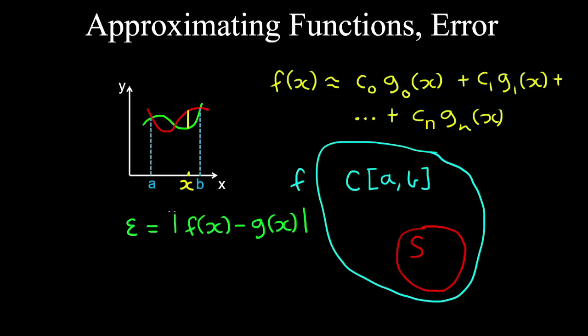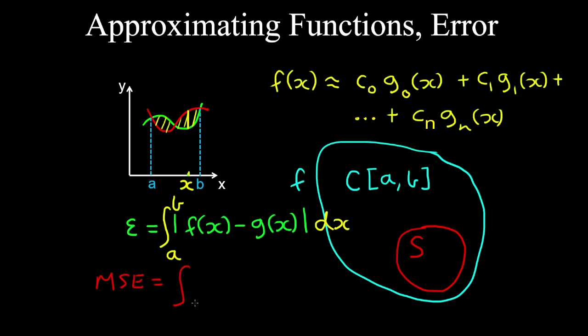So instead, we can integrate from a to b with respect to x, and that'll give us a total error in terms of the area between those curves. Now, given the mean squared error is more compatible with inner product spaces, we can choose this as our error measure instead.